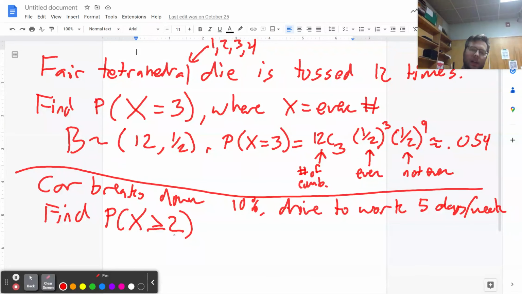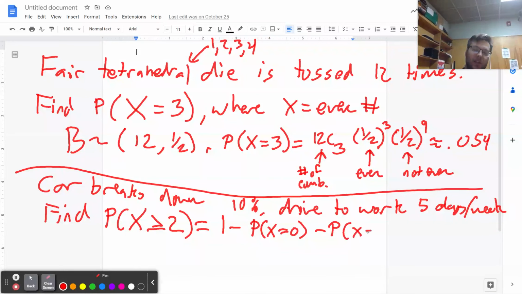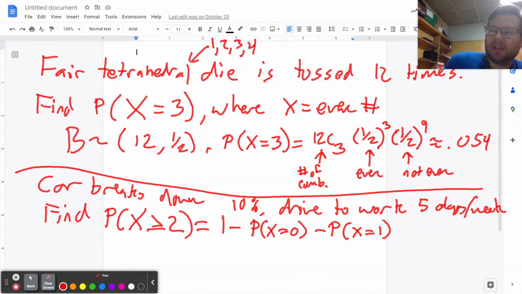So this is going to be equal to 1 minus the probability that it doesn't break down and the probability that it breaks down only once. That's less work, because rather than calculating 4 binomial probabilities for 2, 3, 4, and 5, I'm just going to calculate 2 of them. You could do it the other way. It's good to double check that it works out the same both ways.